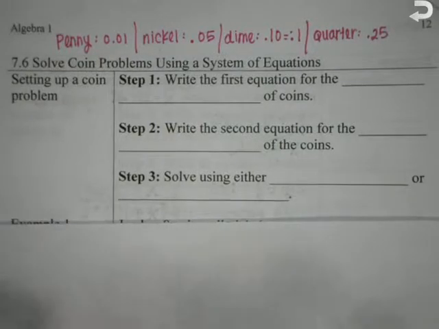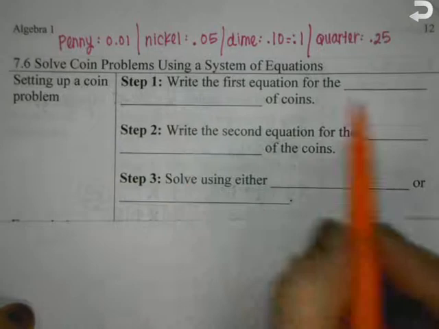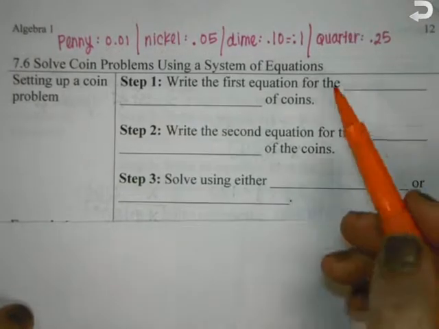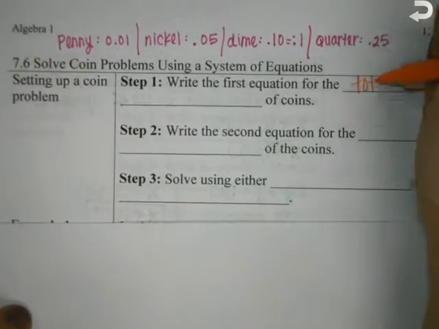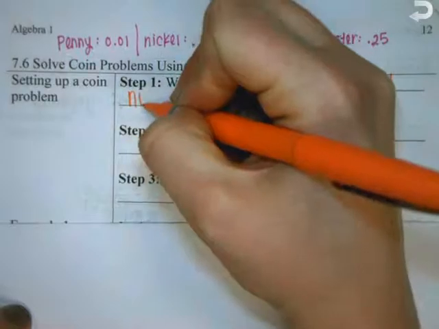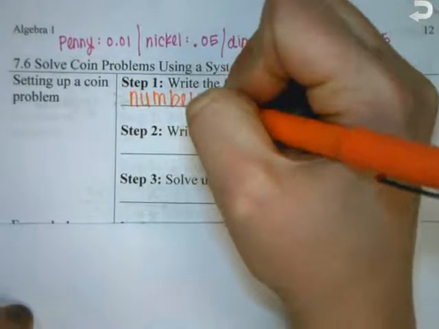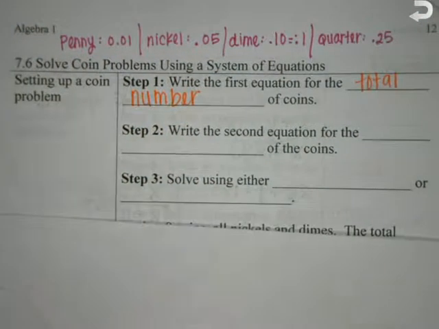So those are going to be our 2 equations. The first is going to be, write the first equation for the total number of coins. So that's going to be like 12 dimes and 3 quarters. Okay.